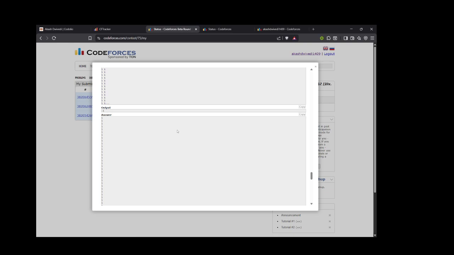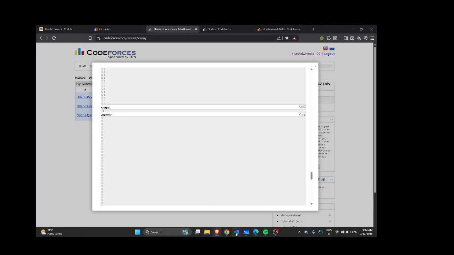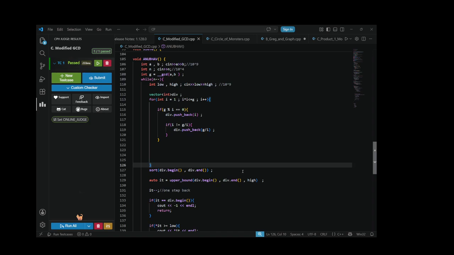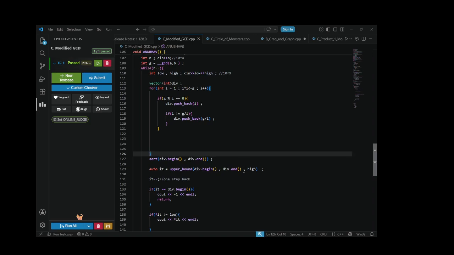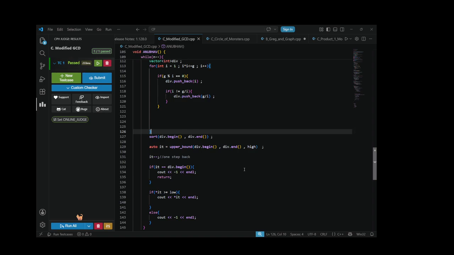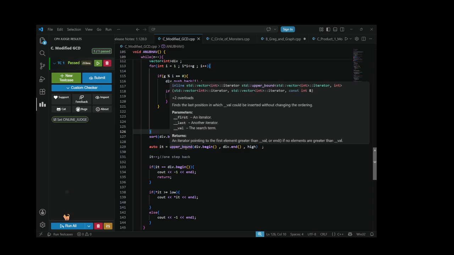Answer is -1. I have done something wrong in the code. We have calculated the upper bound, moved one step back, and if it is equal to, then return, then continue.